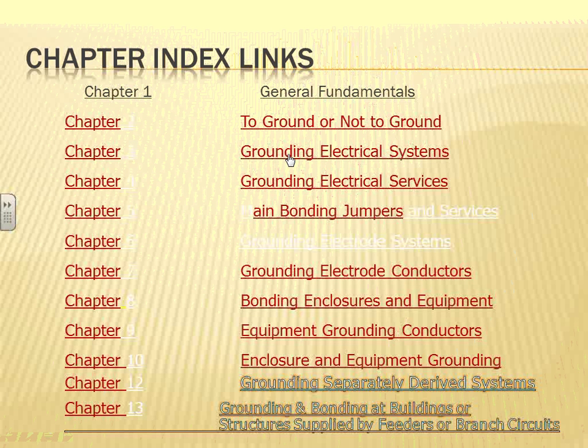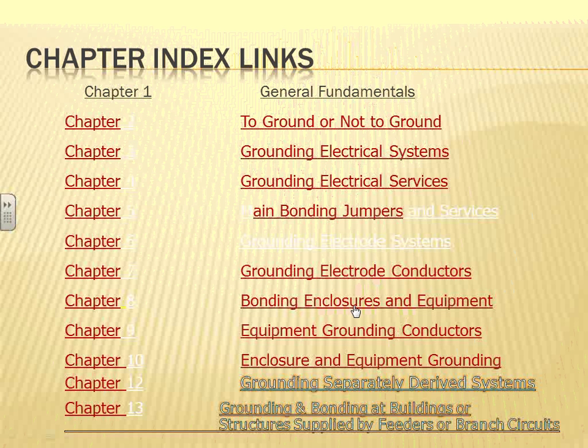One chapter, guys, talks about the advantages of grounding over a non-grounded system. We'll talk about this one. A grounding electrode system, we talked about this. The grounding electrode at the service, that's the bonding, and the main bonding jumper. That's a whole chapter about the grounding electrode system. A grounding electrode conductor, one more chapter.